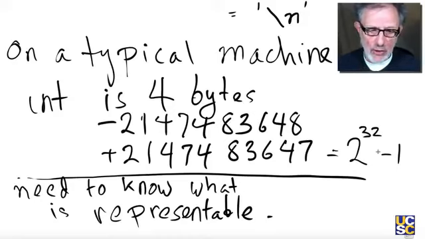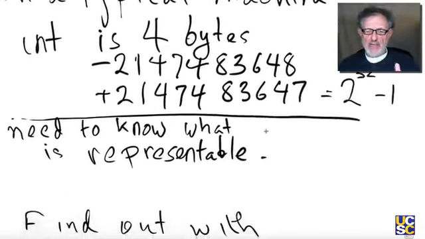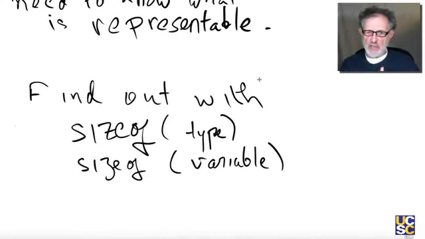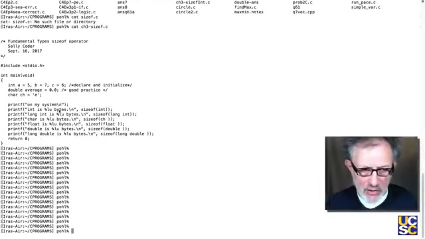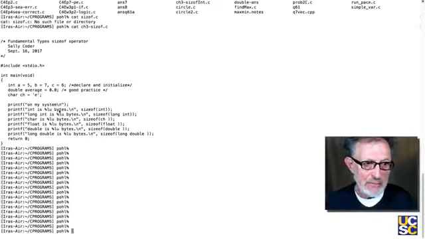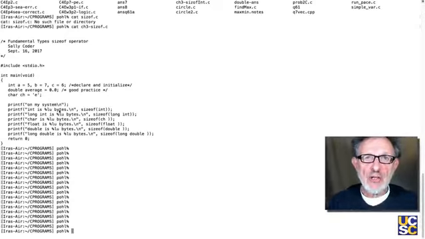Now, when you write your code, you need to know what is representable. You can see what a type will store by using a built-in operator, one of your keywords in C, sizeof. And we're going to show that. One of the funky things about C is certain things can be system dependent. Why is that?